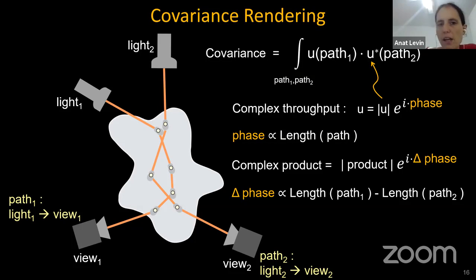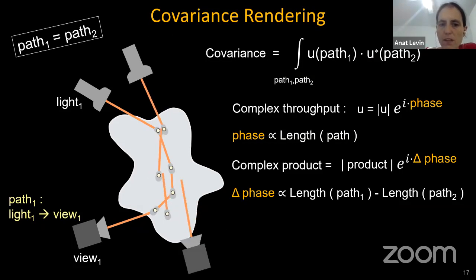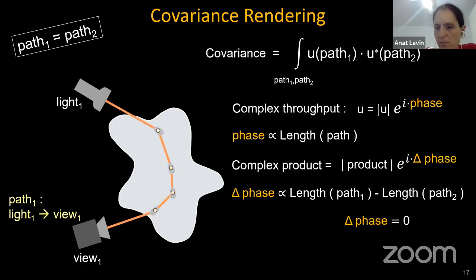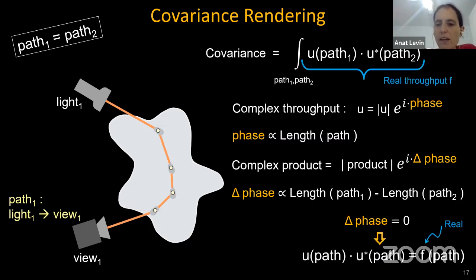So for example, if the two paths are the same, then the phase difference is 0, and we get a positive real number. And in fact, this is exactly the same standard throughput that you get when you render intensity images.